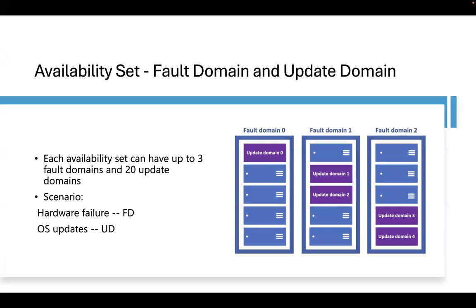Now that I was part of that team, I have a little more knowledge of how these fault domains and update domains work. And even if there is any issue, what happens? There is a team, the WADE team, Windows Azure Deployment Engineering team, they call it.